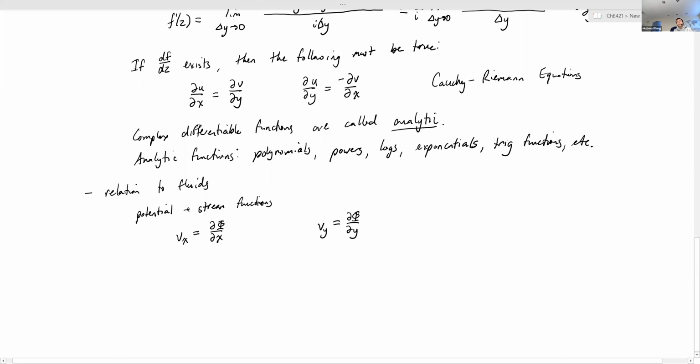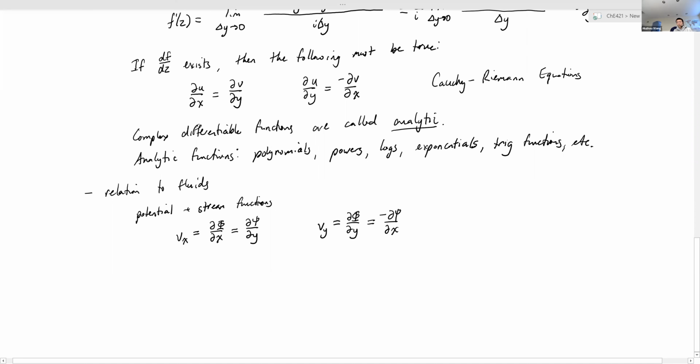Sounds familiar? If not, just scroll up in your notes and you'll see it immediately. That was in that little summary that I wrote, right? The definition of the stream function is written like this. Vx is defined as d psi dy, and Vy is defined as negative d psi dx.